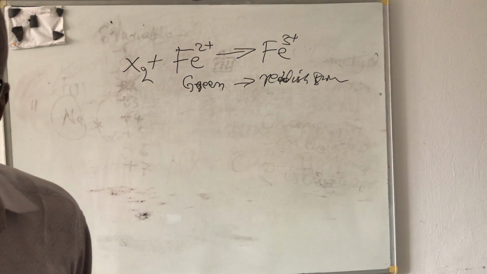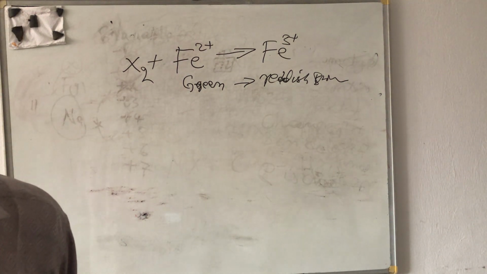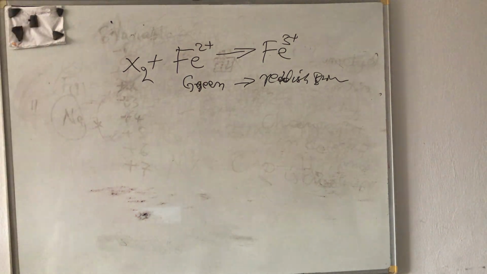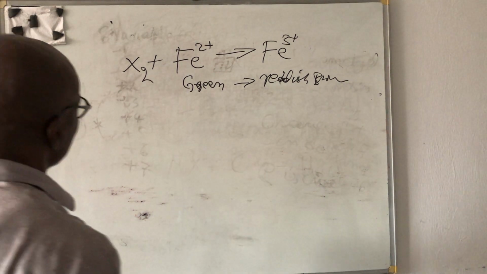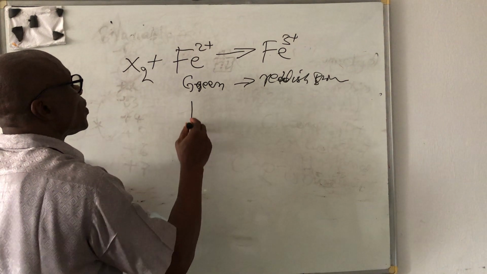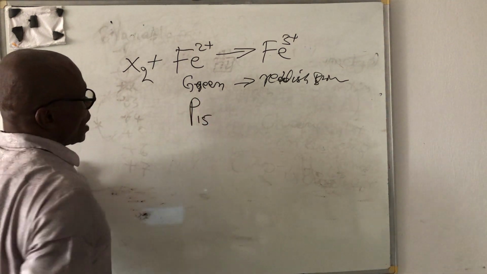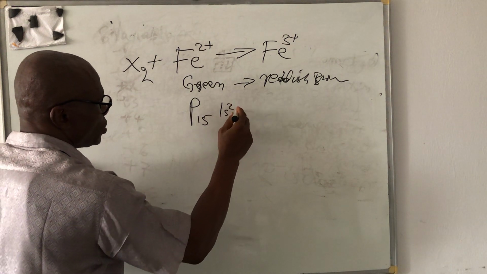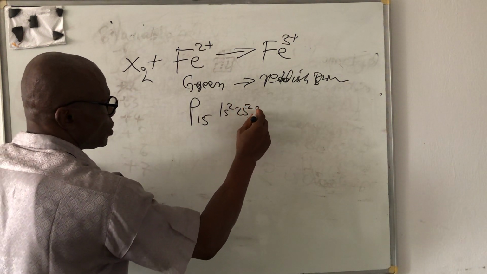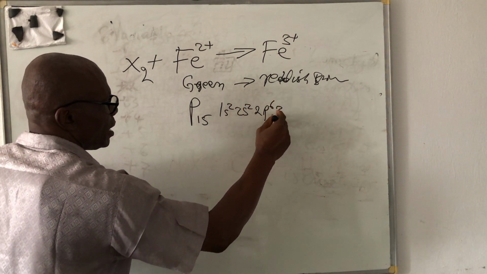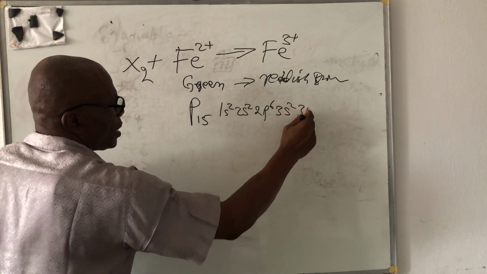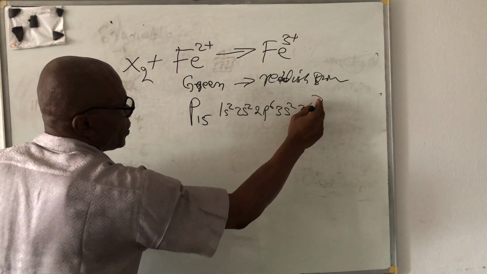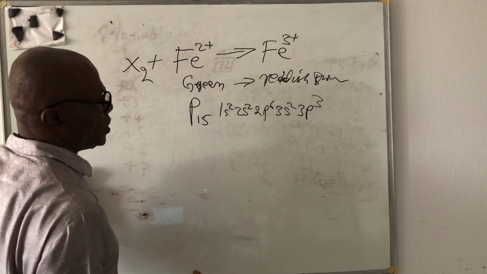We also know that the halogens can react with phosphorus. Halogen can react with phosphorus 15. How do we make phosphorus 15? If we look at 1s2, 2s2, 2p6, 3s2, 3p3, that gives you 15.